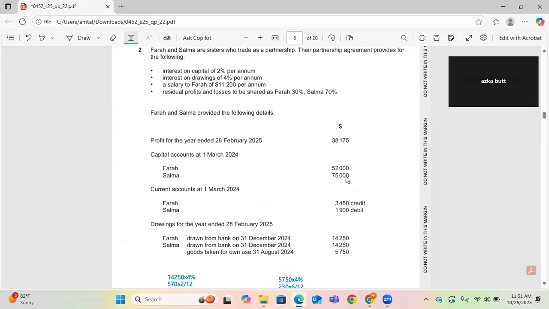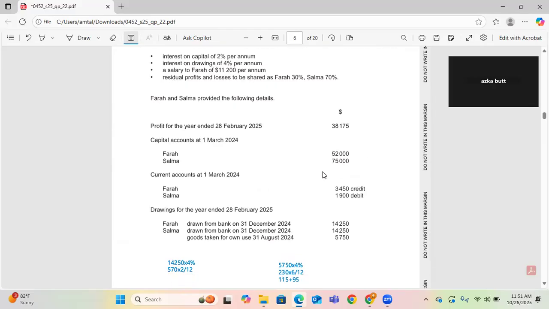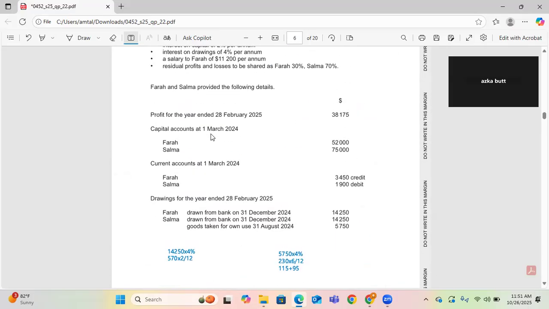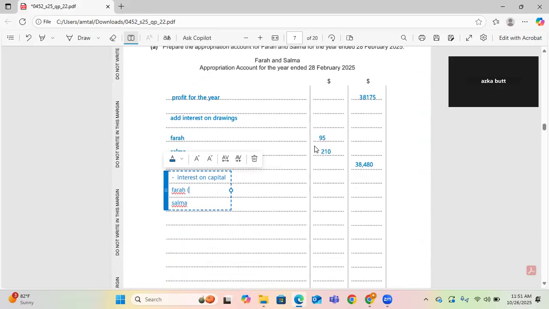This is equal to 1040 for Farah. The capital was 52,000 multiplied by 2%, so it is equal to 1040.